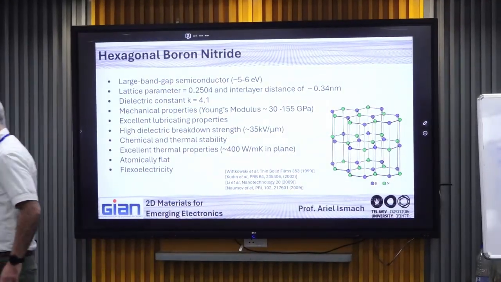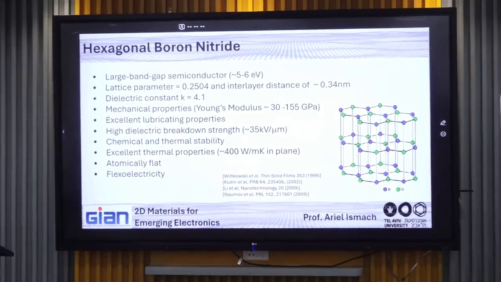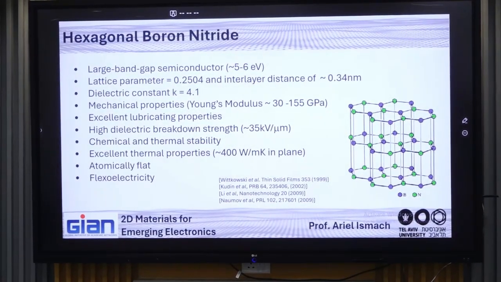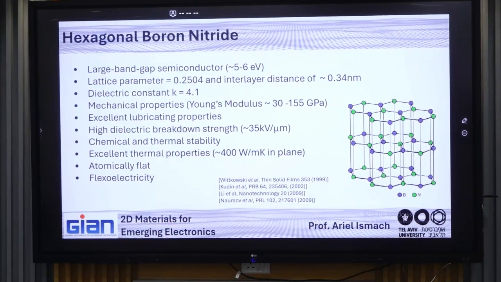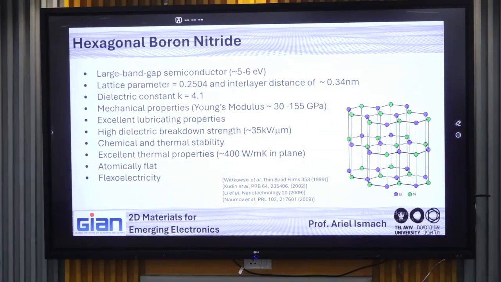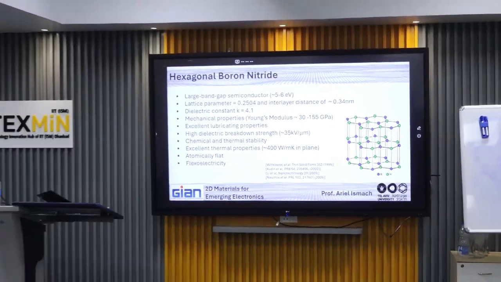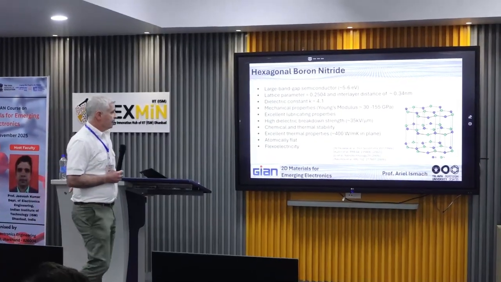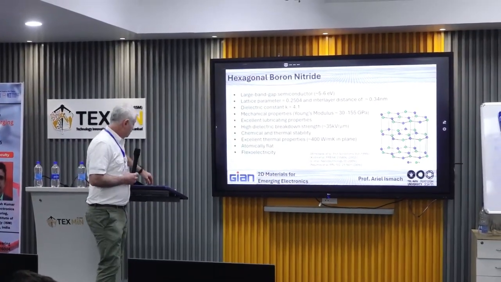This is a very interesting material because it's an electrical insulator that has a very high thermal conductivity, which is usually not so common to have, and therefore we have some applications.